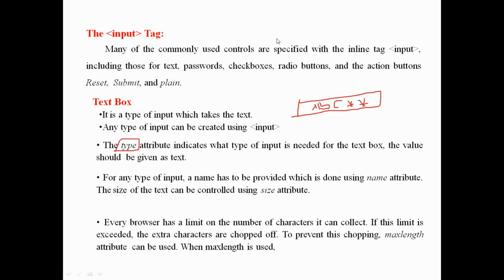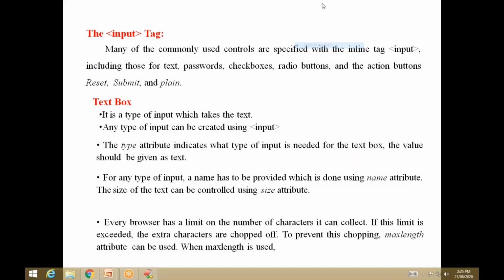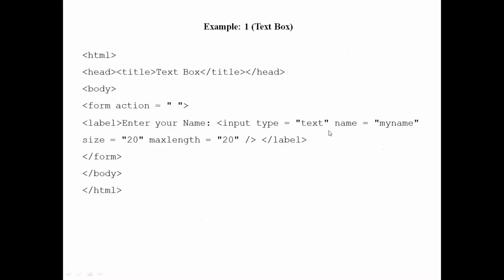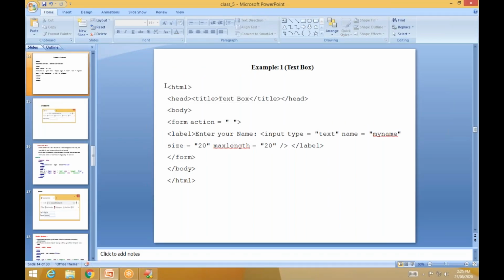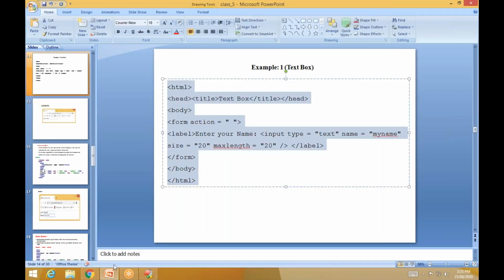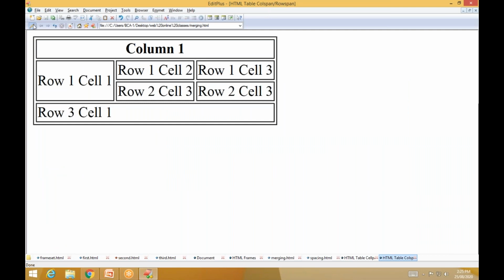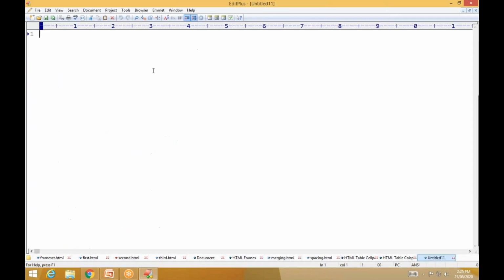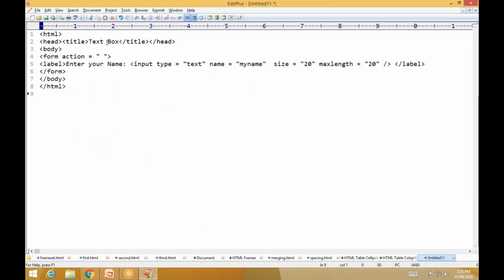Now there is one simple example I'll show you of how to create a text box. You already know the structure of HTML. I just added some form, copied this code, and pasted it in the editor.